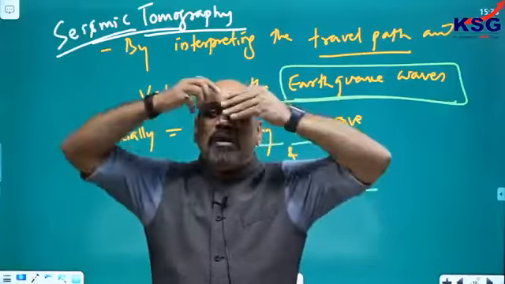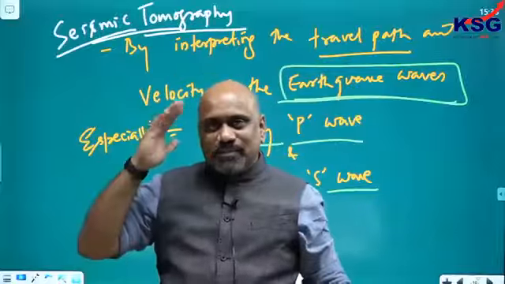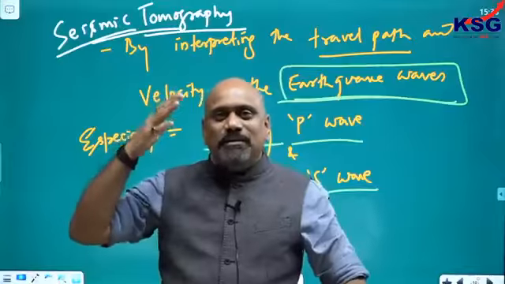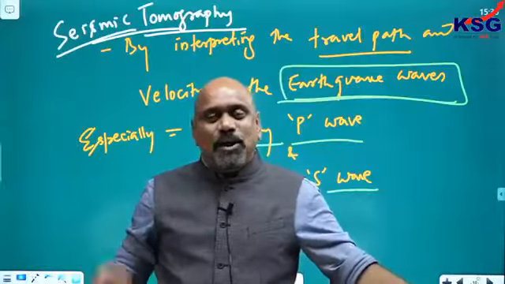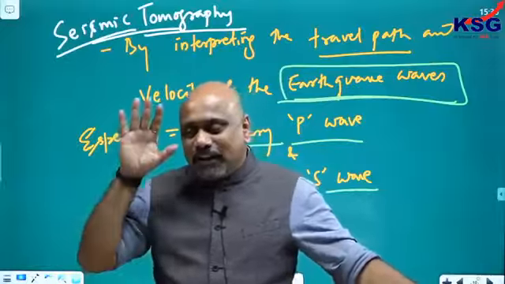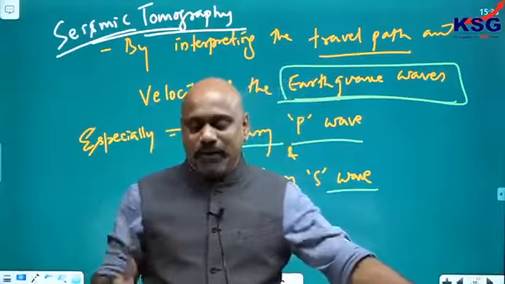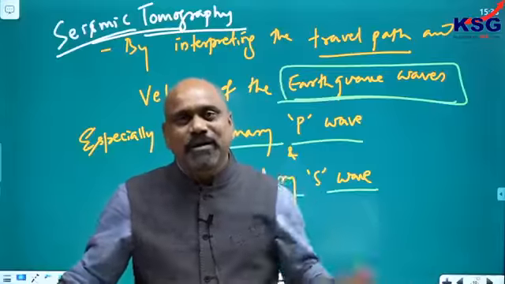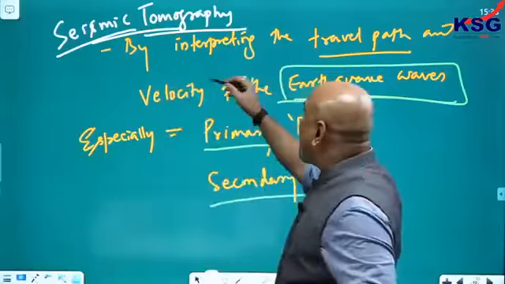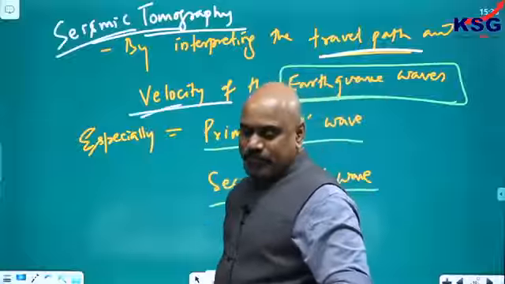MRI, CT scan, you don't have to open the skull and see. You are getting the impression of the wave in our body, interpreting the wave, signature we are getting of the wave through travel path, earthquake travel path and the velocity.